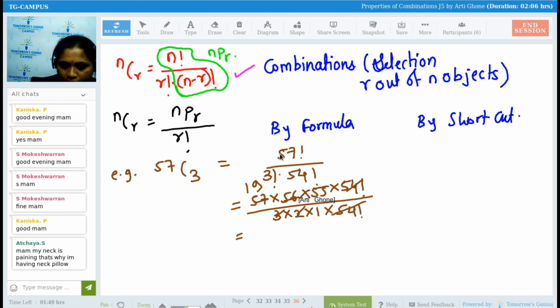And 2 is dividing 56, giving 28. So it is 19 into 28 into 55. So what will be the answer? 29,260.